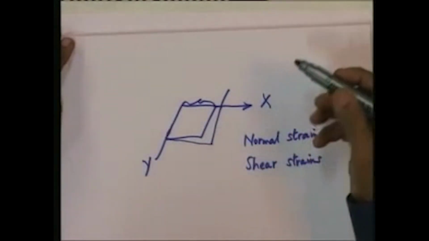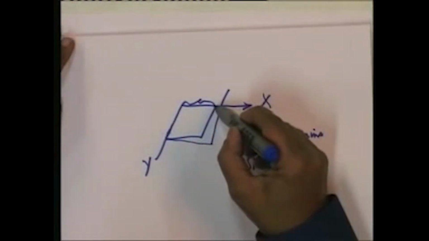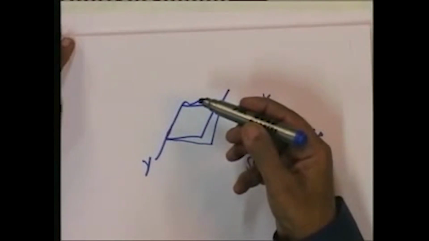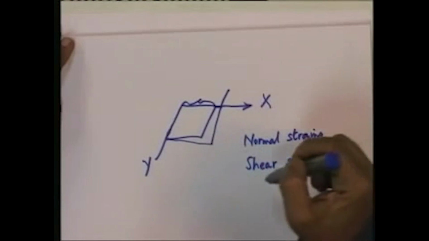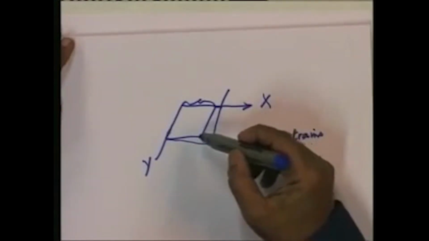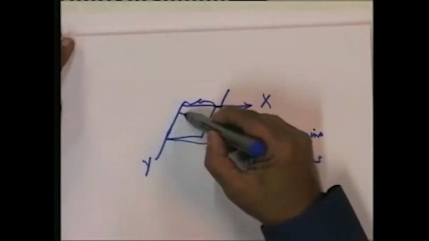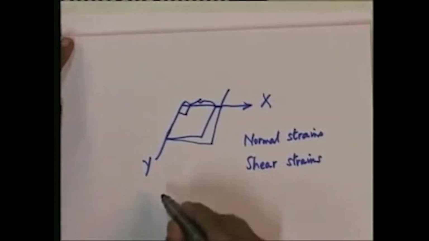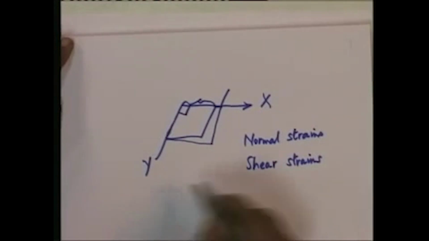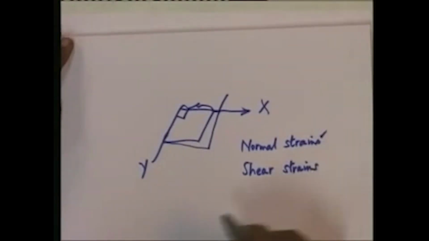Now, we all know that strain is nothing but change in length divided by the original length. So, if we apply that concept, and similarly shear strain is defined as change in an angle which is originally a right angle, we can formulate equations for the normal strain and the shear strain.